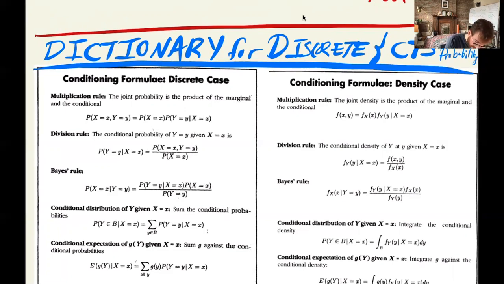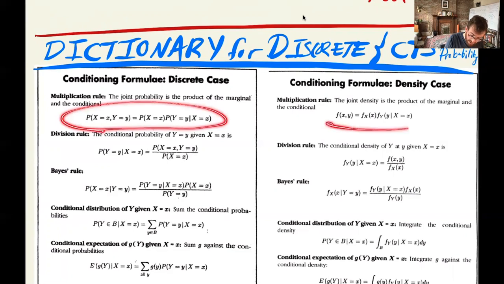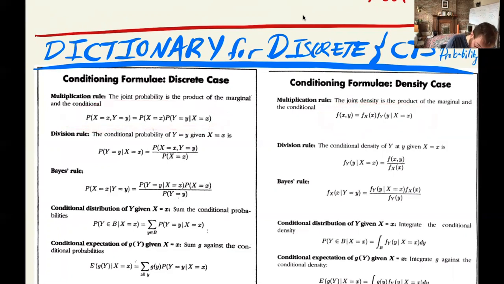Let me add a few remarks here. These things right here are fairly obvious. They're just how you determine joint density functions. So let me call this the JDF rule, and this our JMF.